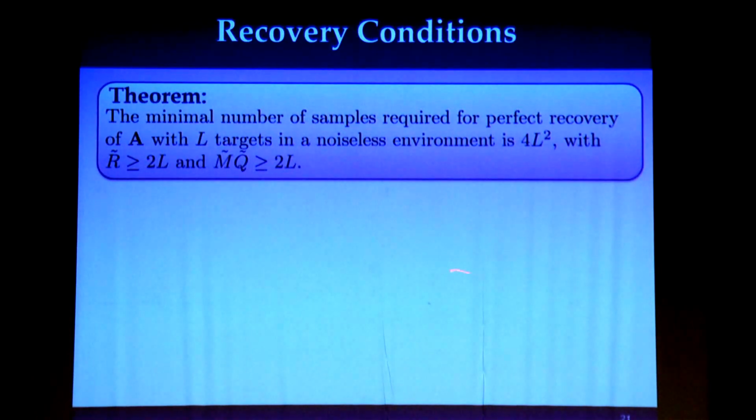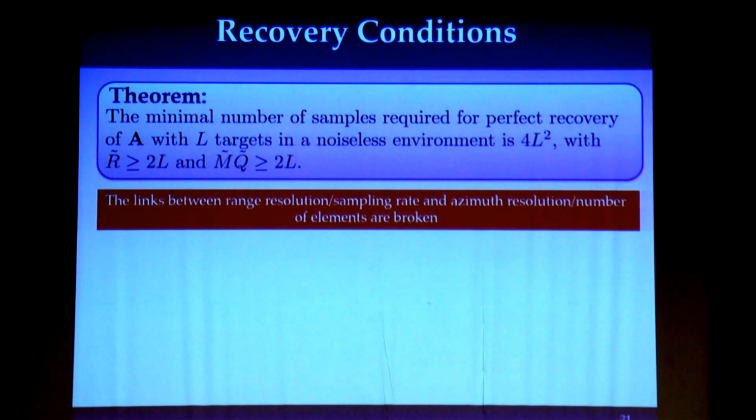As before, we ended up with the conclusion that the number of samples per channel is 2L when we have L targets, and the product of the number of elements is also 2L. So again, we broke the link between range resolution and sampling rate, and this is what we saw before.